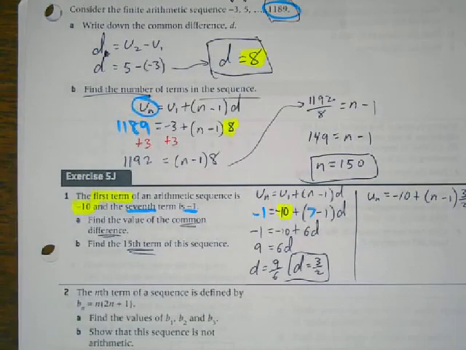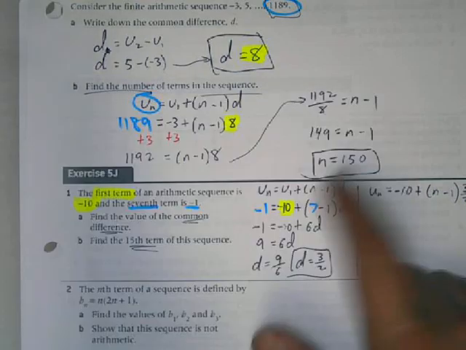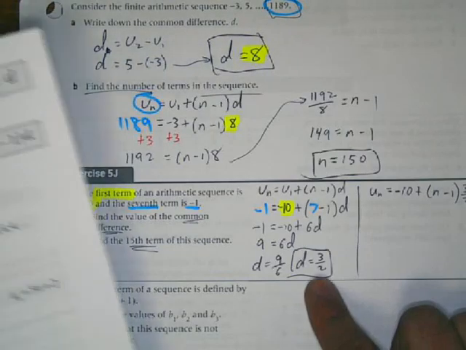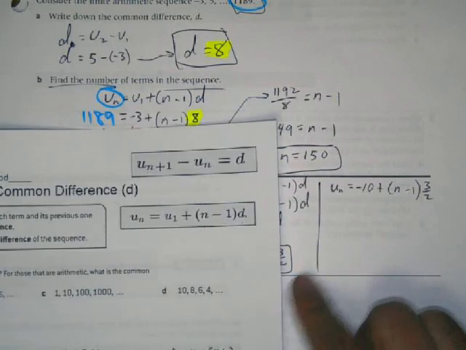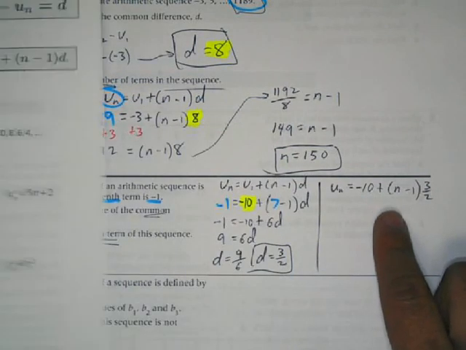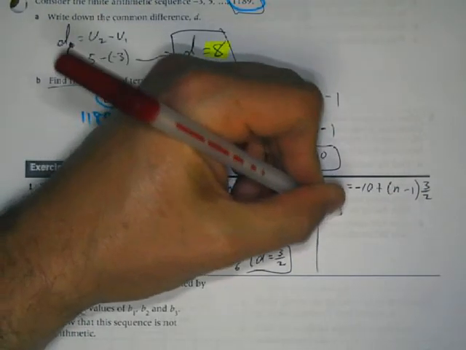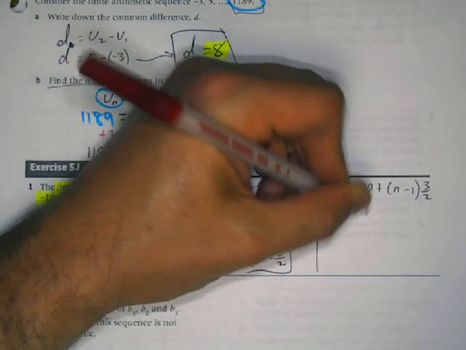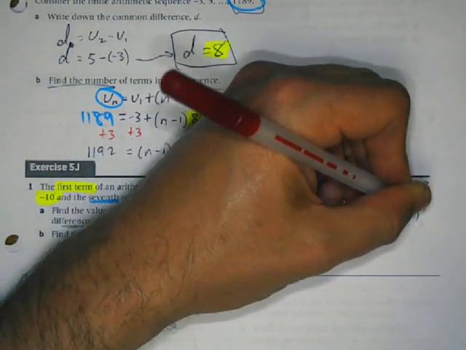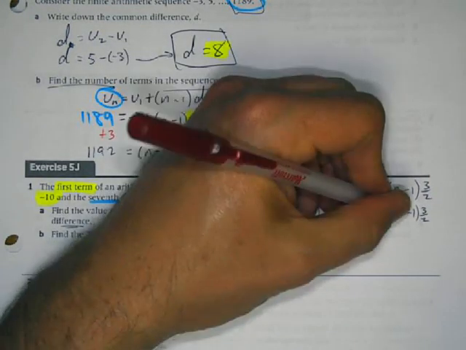We're using this formula. Our first term we know is negative 10, we know that d is now 3 over 2, so I need to solve this when n is 15. So u sub 15 equals negative 10 plus n minus 1 times 3 over 2. N is 15. Oops.